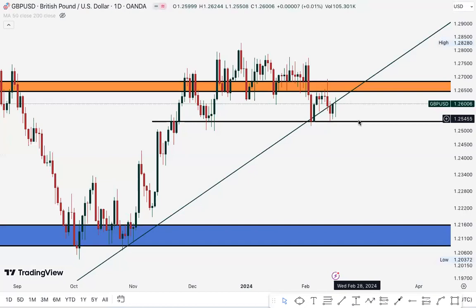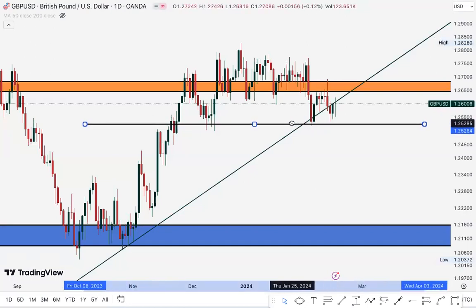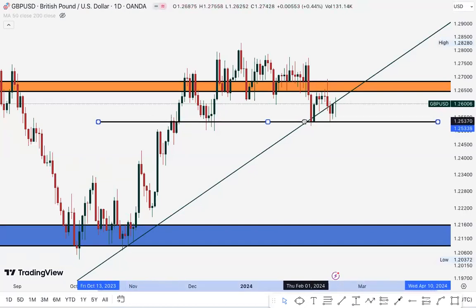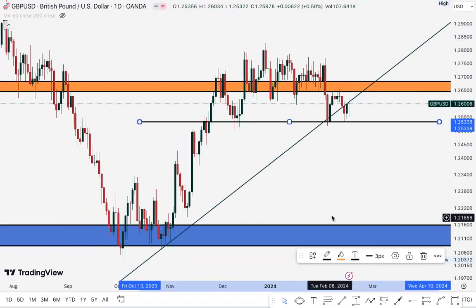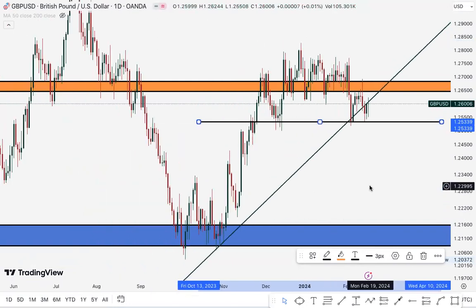So once it takes out this support level, then I am very, very confident that without any doubt in my mind, 90%, in fact, 99%, I favor this guy all the way to the downside, back to this blue level here, because this is a key level. And as you guys know, the key level is a magnet for the majors. All right, so the key levels are like magnets for the majors.